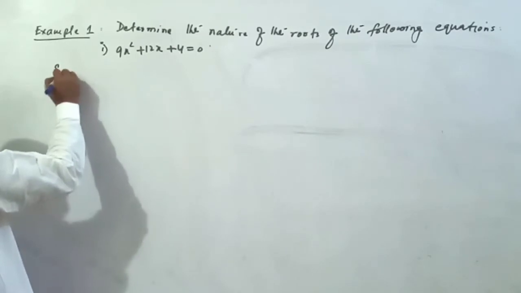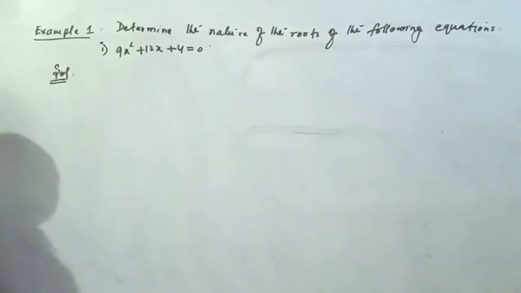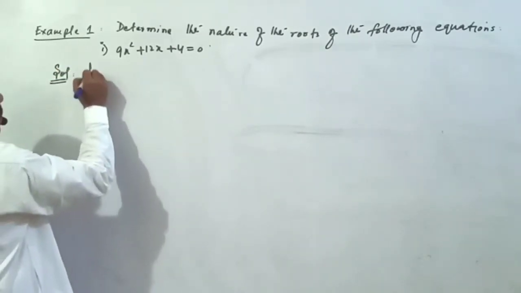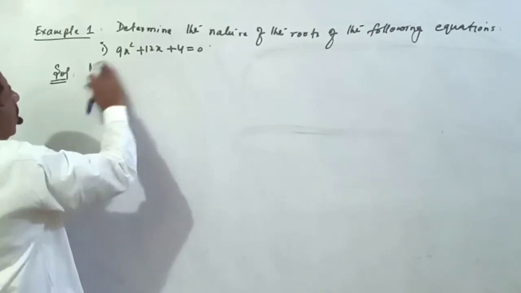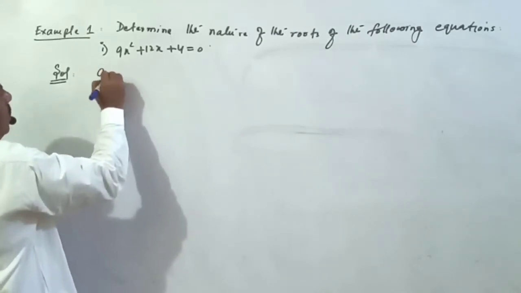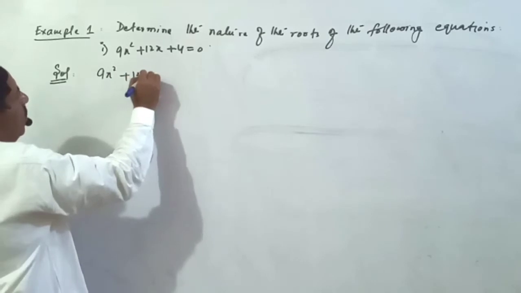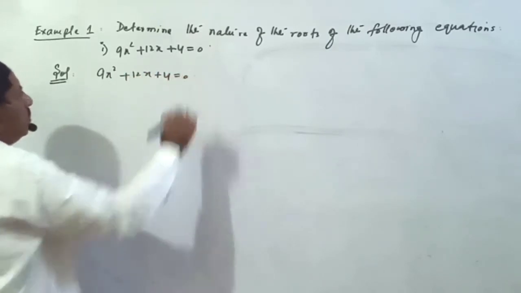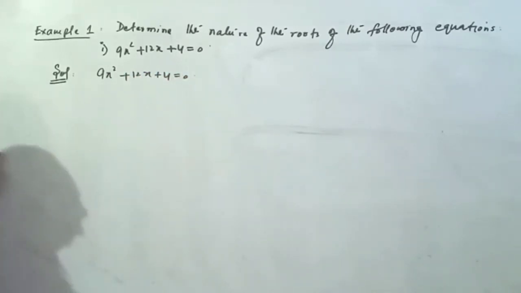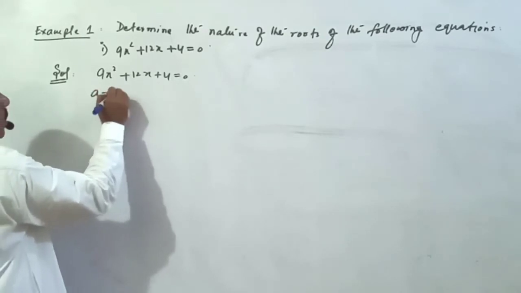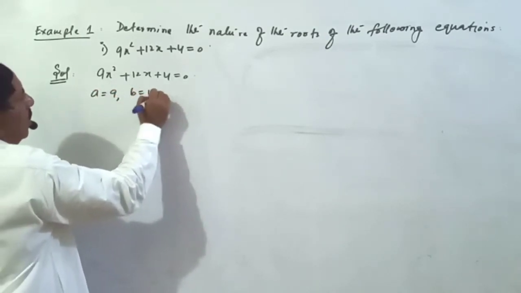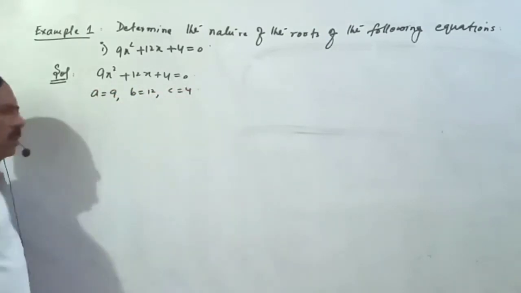Solution. For the given equation 9x square plus 12x plus 4 is equal to 0, a is equal to 9, b is equal to 12, c is equal to 4.